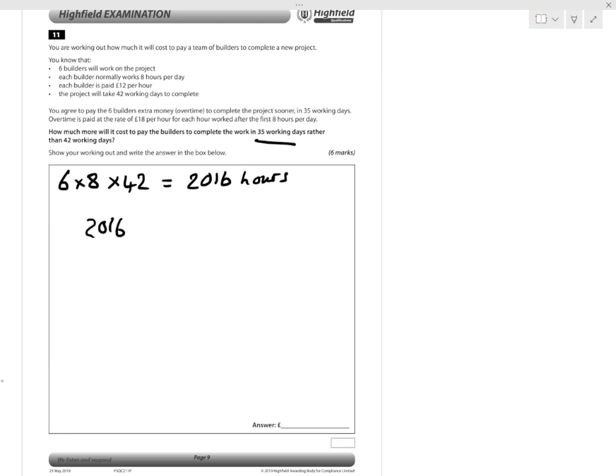So 2016 divided by 35 is 57.6 hours per day. Now, you have only got 48 hours worth of normal time. So you've got 48 hours of normal time.